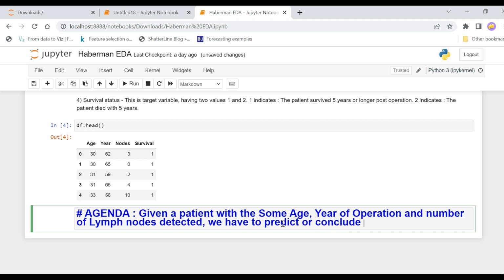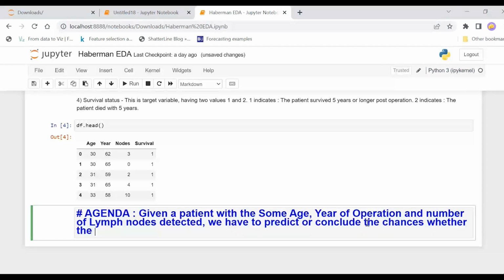So most importantly, we have to conclude the chances whether the patient will live less than 5 years or more than 5 years. This is what our agenda is, to be very precise.